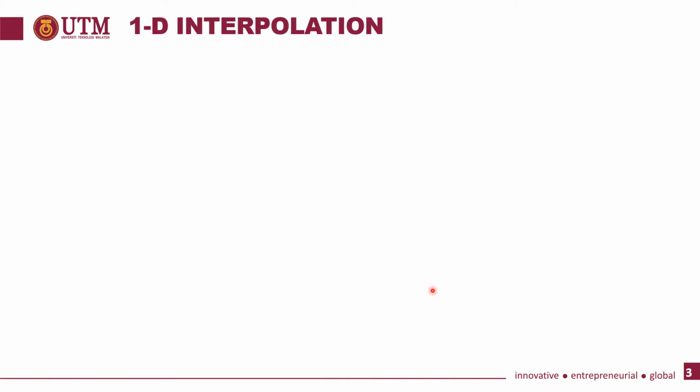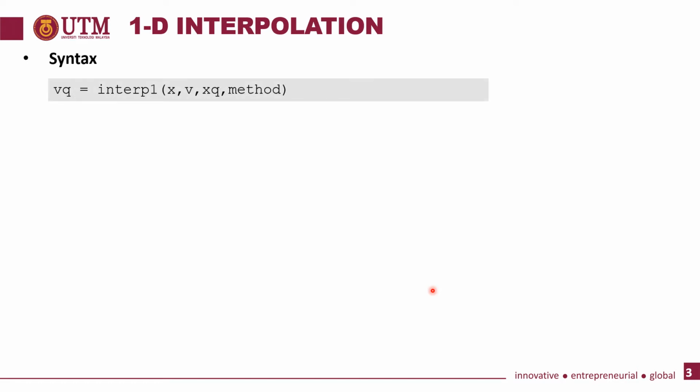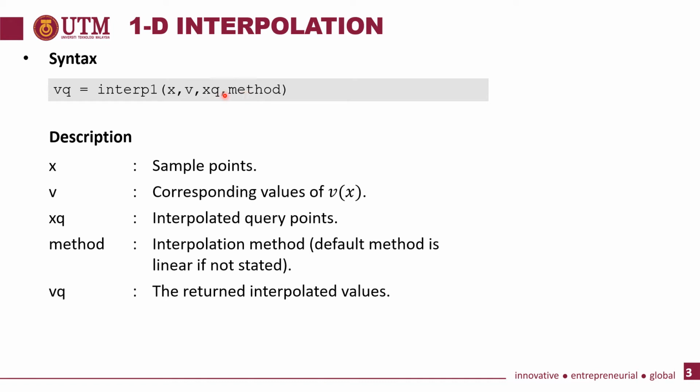Alright, so next we will go through 1D interpolation. The syntax for 1D interpolation is VQ = interp1(X, V, XQ, method). So what are those variables? X is defined as the sample points. In the graph later on, you will see that X is represented by the data on the X-axis.